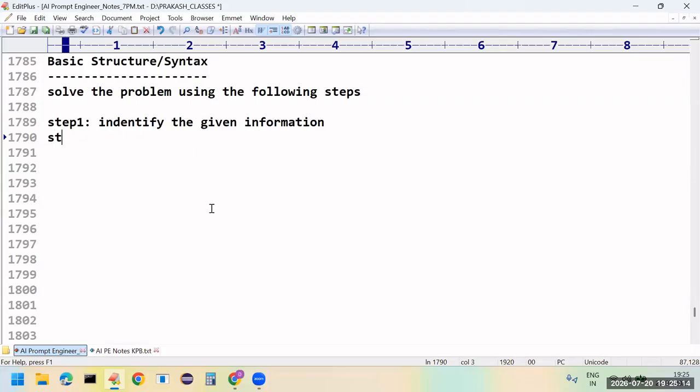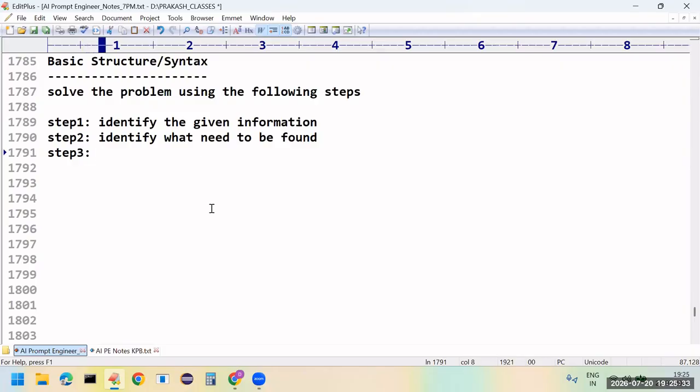Whatever information is given, identify that. After that, identify what needs to be found, the expected answer, and apply the appropriate formula or rule.